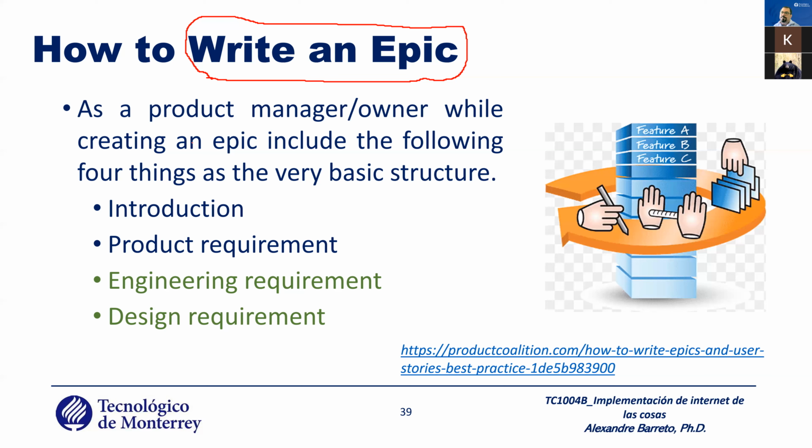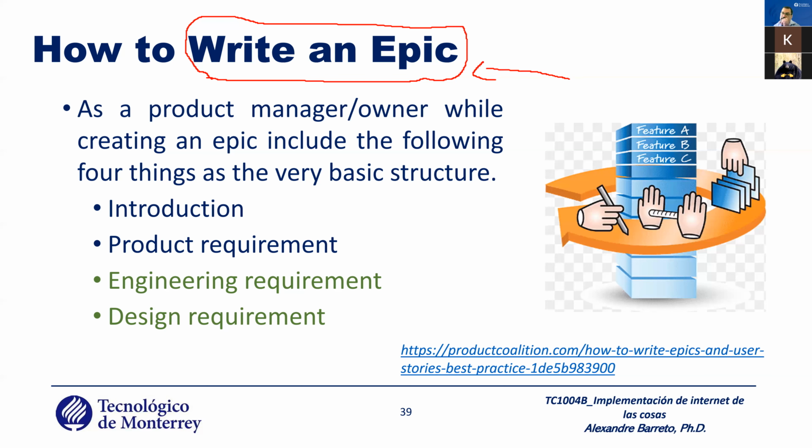A way to avoid repeating the same information in multiple places is to write an epic. Instead of putting the same acceptance criteria in multiple stories, you have an epic that multiple user stories use, with the same acceptance criteria. Instead of writing it in the user story, you write it in the epic.